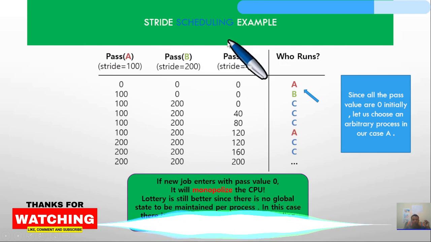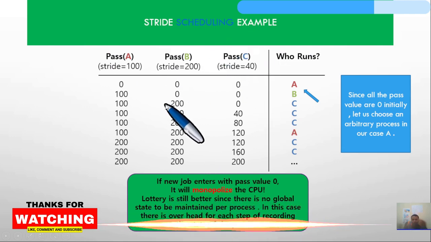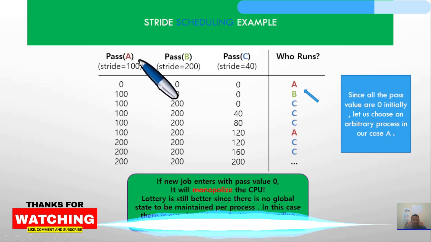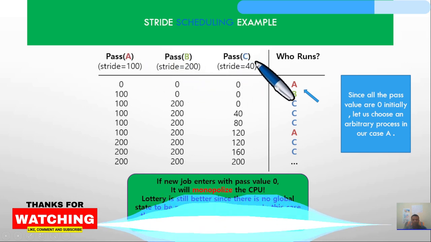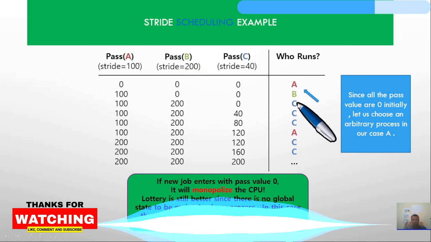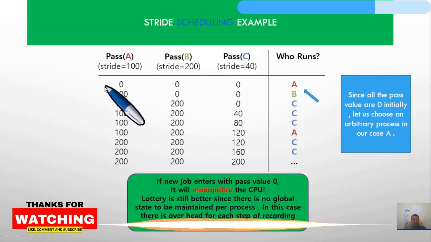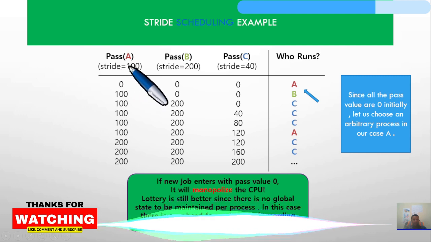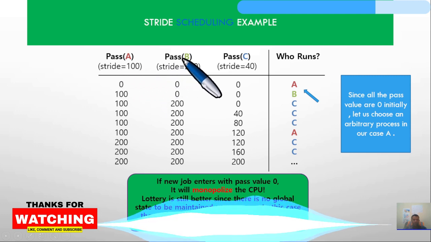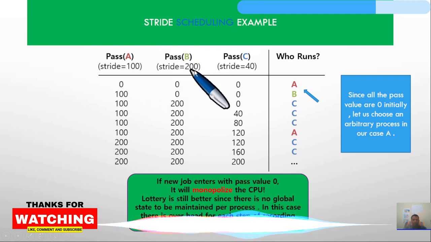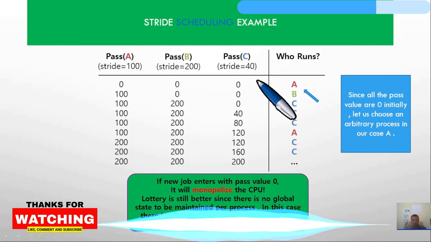Okay, stride scheduler example. So we have pass A, pass B, and pass C. Which process is going to run on the CPU now? Let's use the stride scheduler. As you can see, the stride of A, let's assume, is 100, the stride of B is 200, and the stride of C is 40.